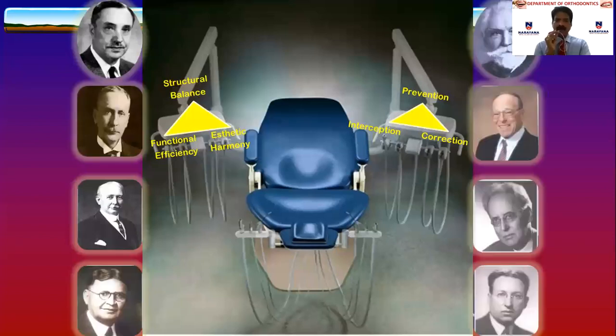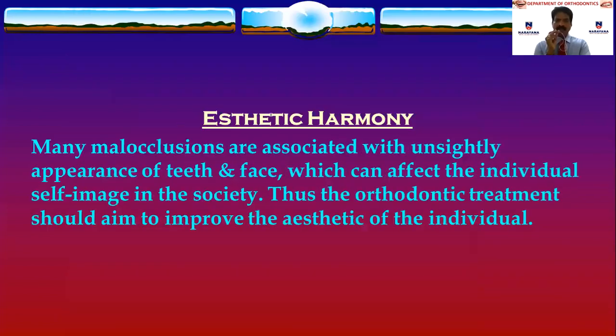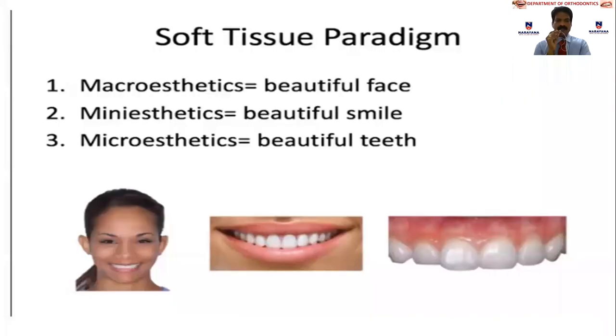So the Jackson's triad, you look at the triad, this is the original triad. Initially, it was just the hard tissue paradigm. There are shifts based on each century. The hard tissue paradigm during the Angle's era.